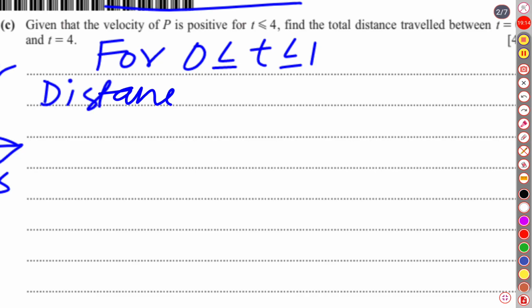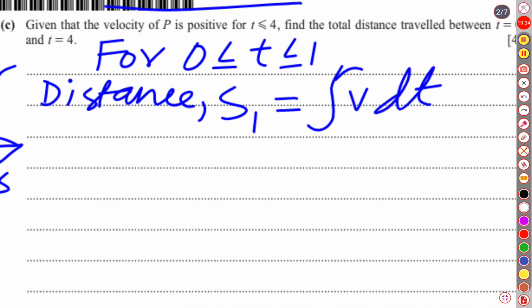Distance is equal to, sorry, velocity should be, we will integrate the velocity. Distance s1 is equal to integration of velocity in terms of time, from 0 until 1 second.